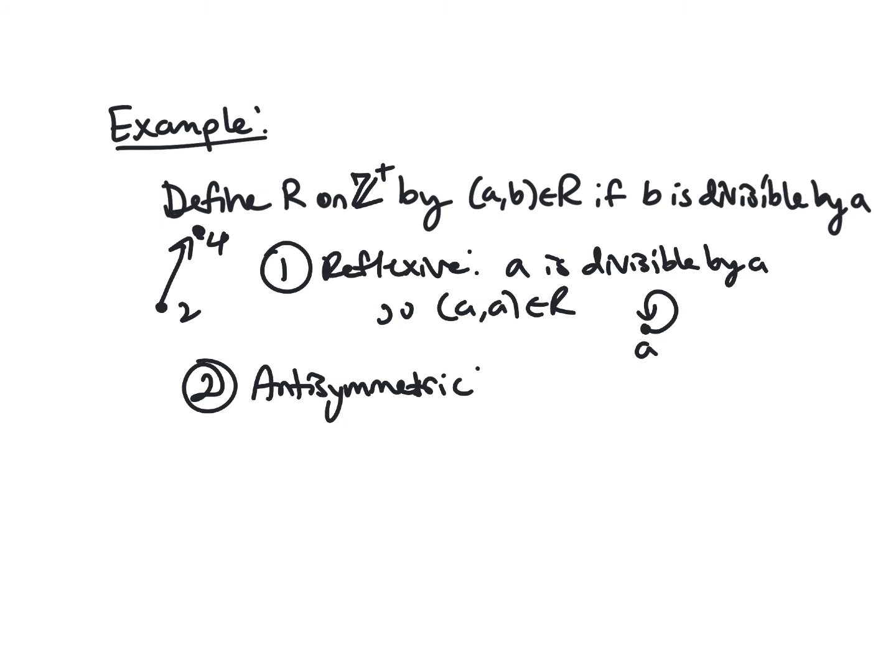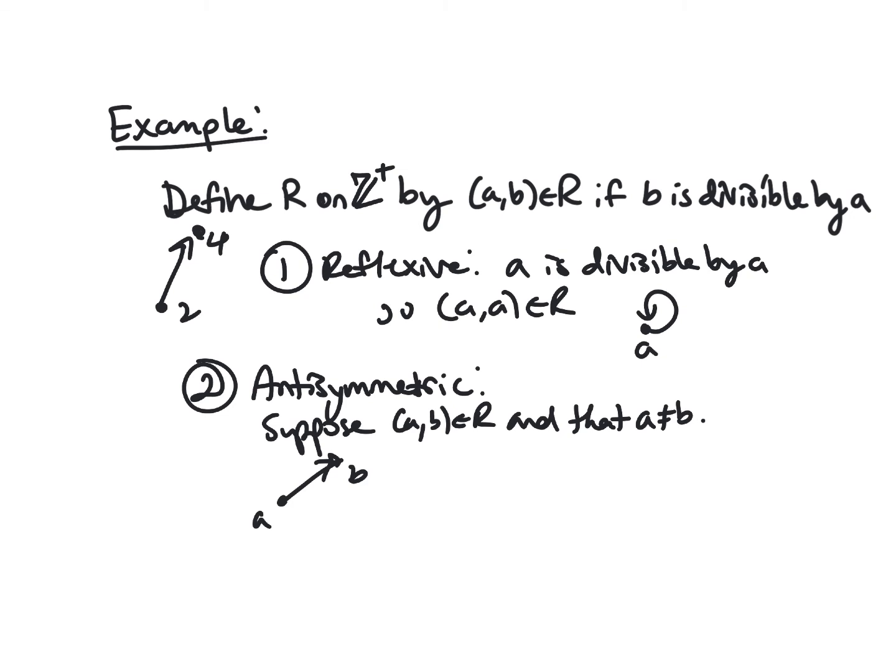So in this case, right, we suppose that there is an arrow from a to b. So suppose (a, b) is in R and that it's not a loop. So basically that b is not equal to a. Then the question is, do we have an arrow back, right?